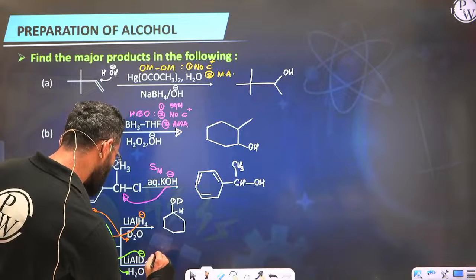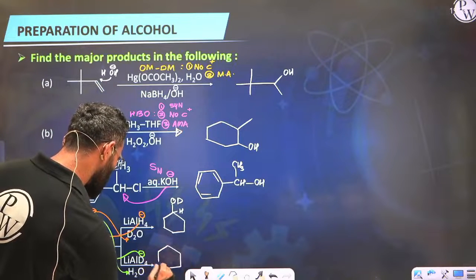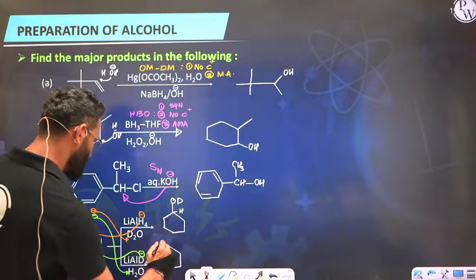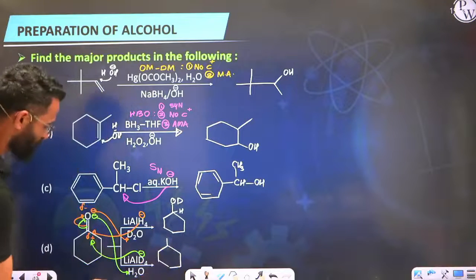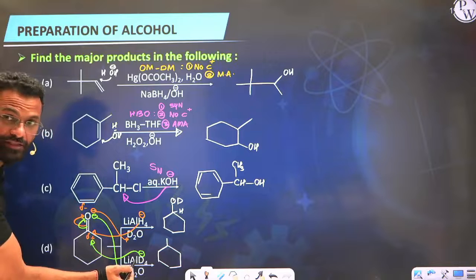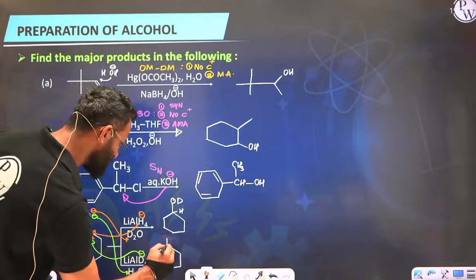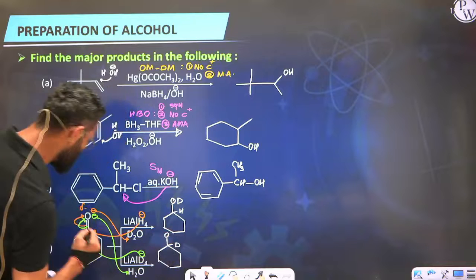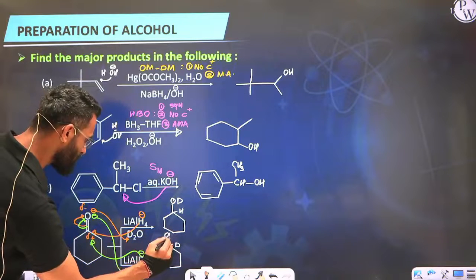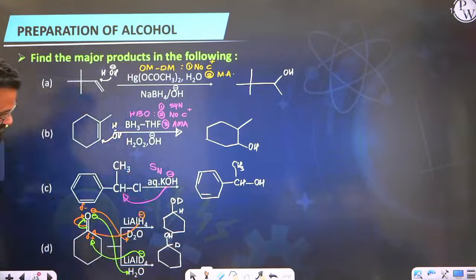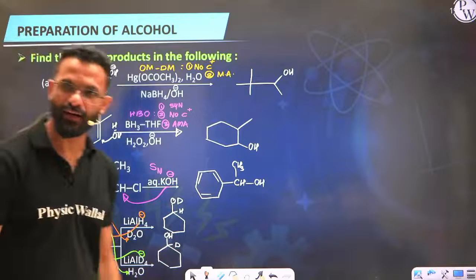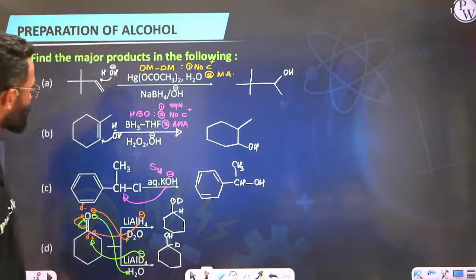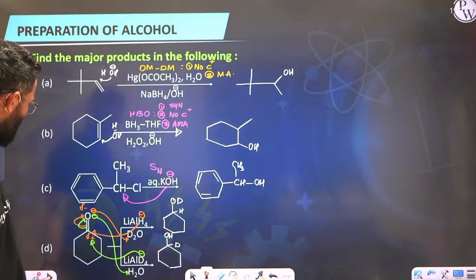We don't have enough space, so I'm drawing little smaller structures here. Okay. So who attacked at the deficient carbon? It's deuteride. So here is deuteride. And O minus got protonated with water. Normal proton, OH. Okay, everyone. Alright, so those were some questions based on what we studied just now.